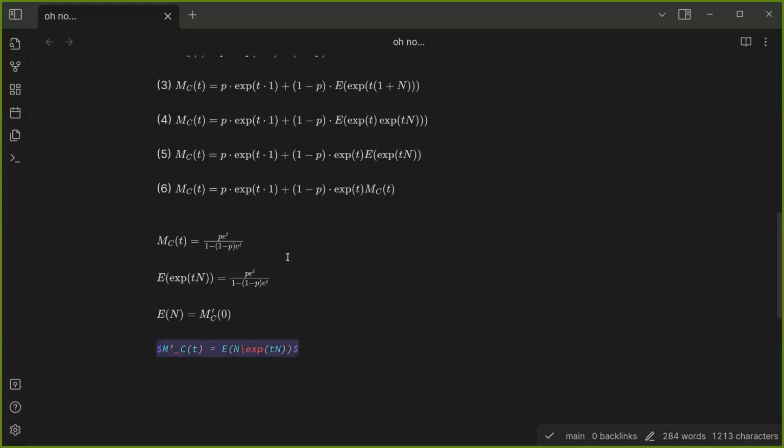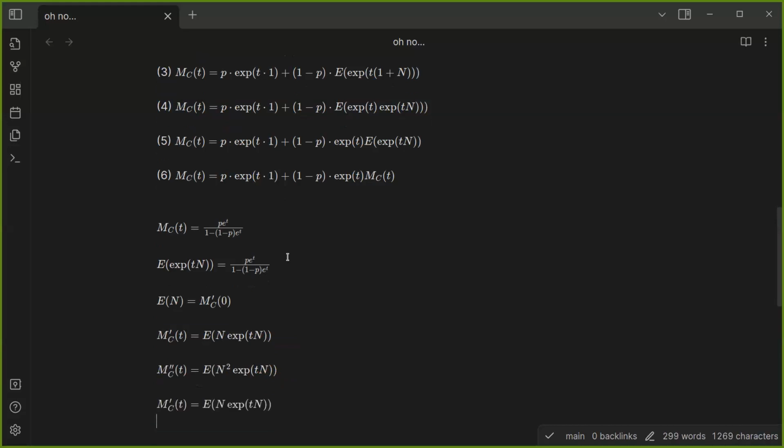If I take the second derivative, another n will appear. If I take the third derivative, another n will appear.